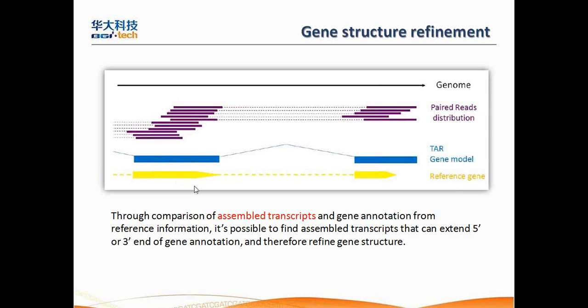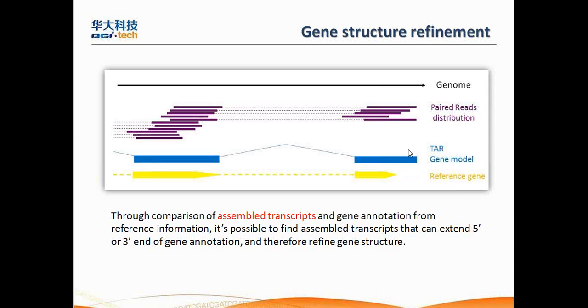As we can see, this is almost correct, but for this one, in the reference genome, the exon is only this short. But using transcriptome resequencing, we can see some reads cover this region.